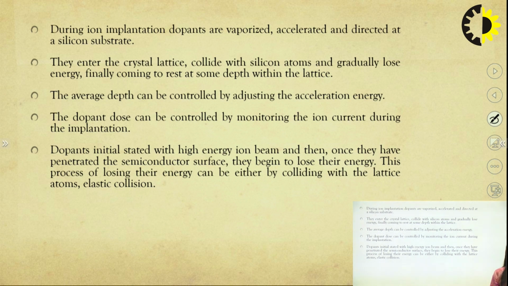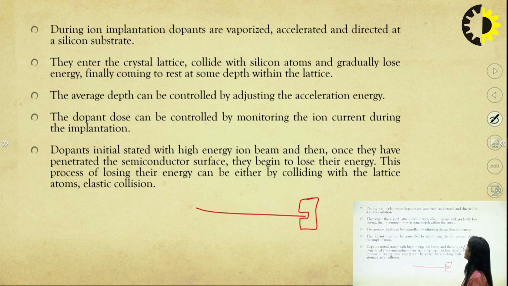During ion implantation, dopants are vaporized, accelerated and directed at the silicon substrate. So there will be a nozzle and there will be ions which will hit the surface of the wafer. They enter the crystal lattice, collide with silicon atoms and gradually lose energy, finally coming to rest, and at some depth within the lattice they will acquire a space. The average depth can be controlled by adjusting the acceleration energy.